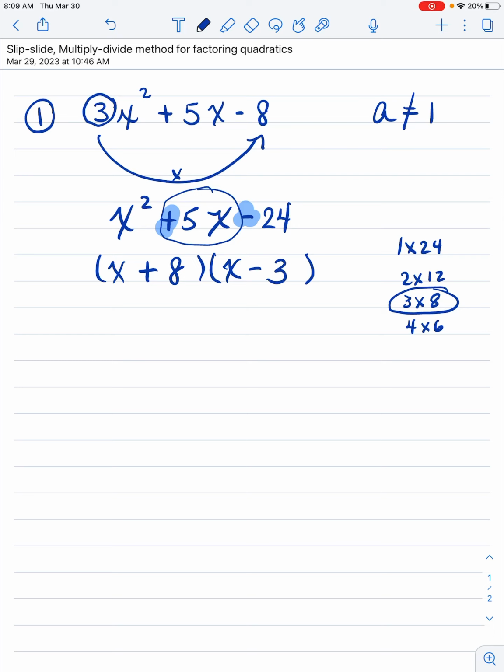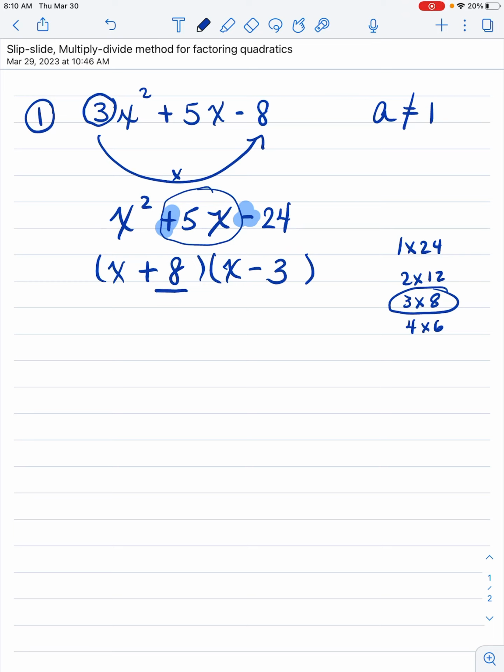Looks like we're done, but we're not. Remember, this was slip, slide, multiply, divide. We multiplied, but we did not divide. The reason we're dividing is to cancel out that little multiplication thing that we did at the beginning. So what did we multiply by? We multiplied the constant by 3.